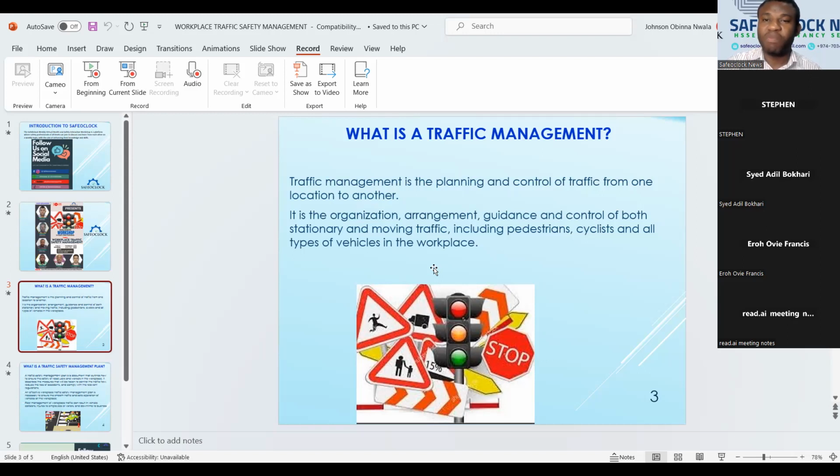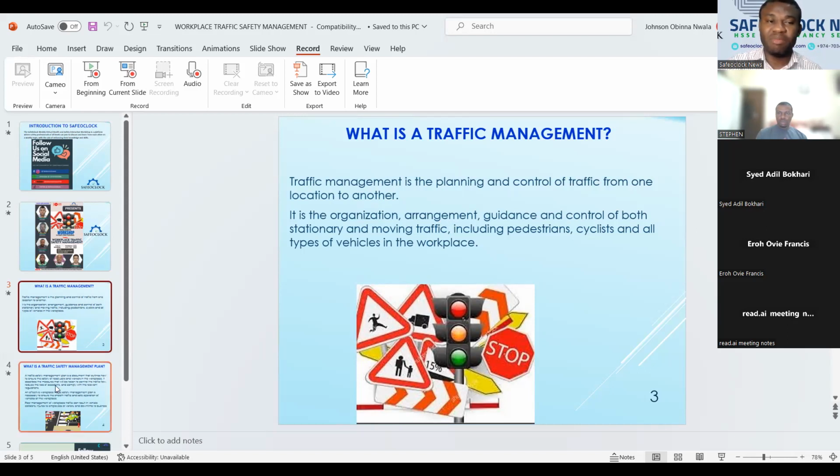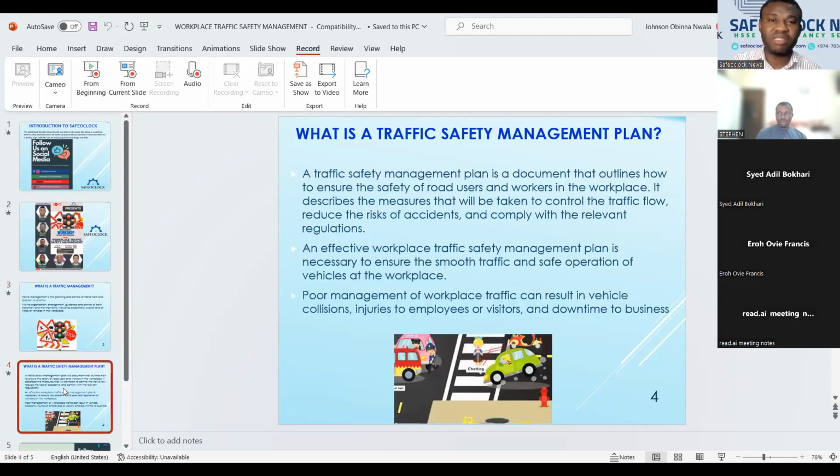So this includes pedestrians, cyclists, all vehicles in the workplace, including heavy equipment. If we control traffic properly, then there will be a decrease or low risk of traffic accidents or collisions between equipment, and between workers and the moving vehicles in the workplace.